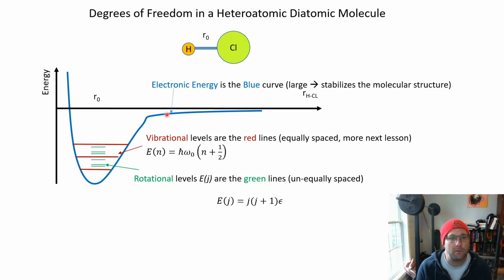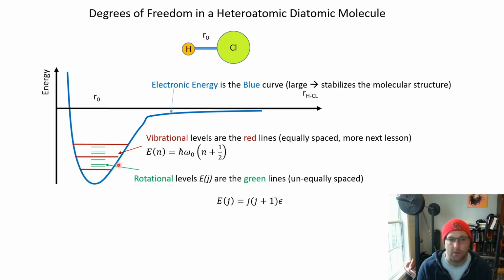But as you bring them closer and closer together, they start to lower their energy by sharing electrons inside molecular orbitals. And there's some special distance, the equilibrium bond length, where they have a minimum in energy. And so inside this potential, the electrons basically see this almost parabolic potential.